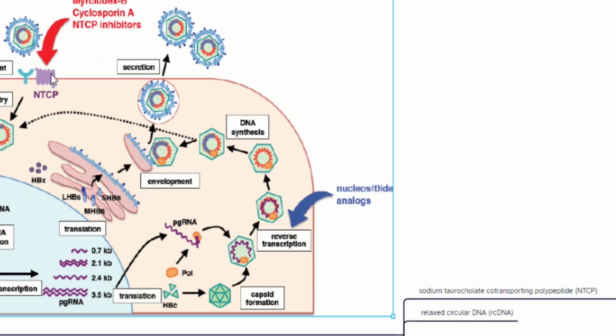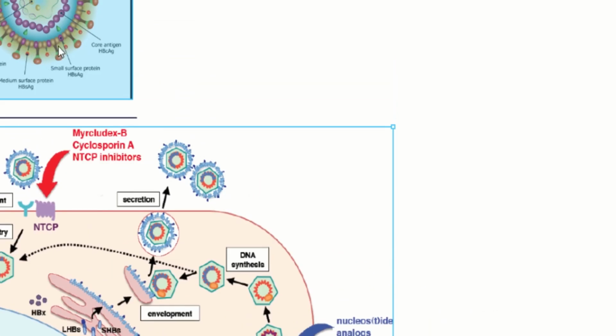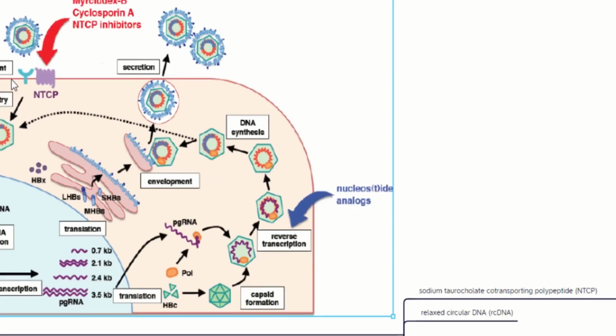So here we start. The virus infects hepatocytes, and to get inside hepatocytes, first of all, it gets through the blood in a parenteral way. We will go through this later a little bit. But first of all, it should go in with the sodium taurocholate co-transporting polypeptide, NTCP.